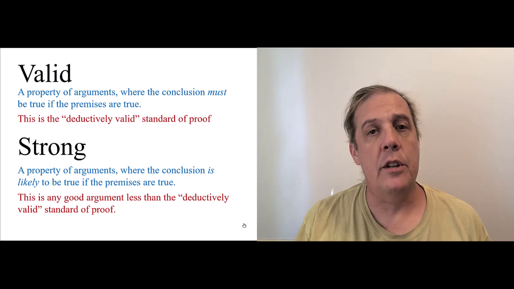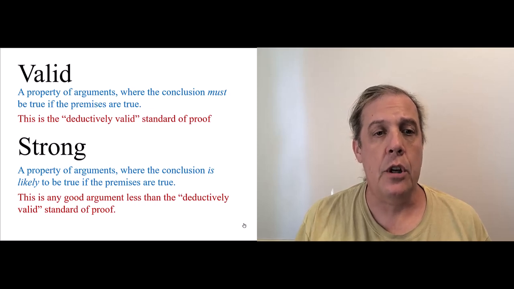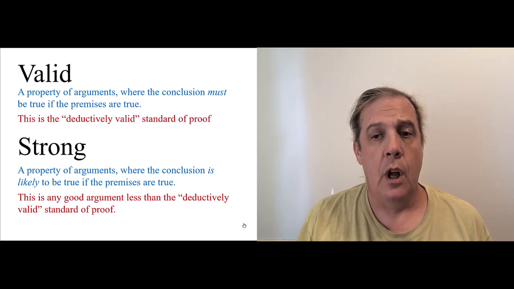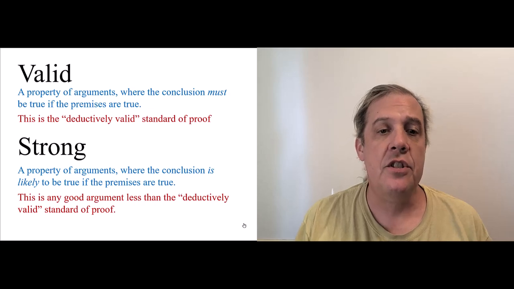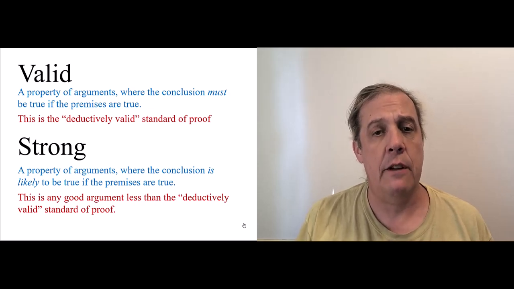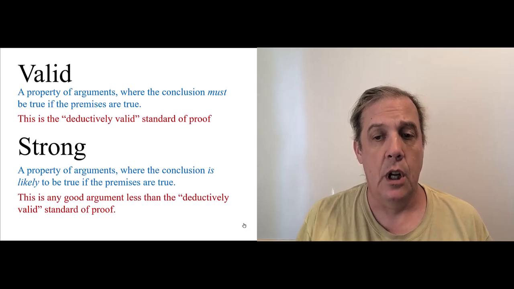We said an argument is valid if the conclusion must be true if the premises were true. A slightly weaker compliment we can pay an argument is to say that the conclusion is likely to be true if the premises are true.